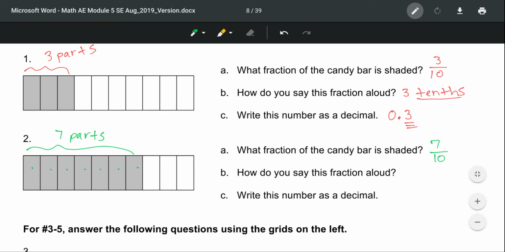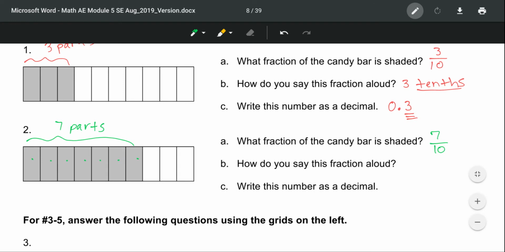So how you would say this fraction out loud, this would be 7/10. Then as a decimal, you'd have 0 as a placeholder, your decimal point, and then 7, which is right after the decimal point, because that's your tenths place.